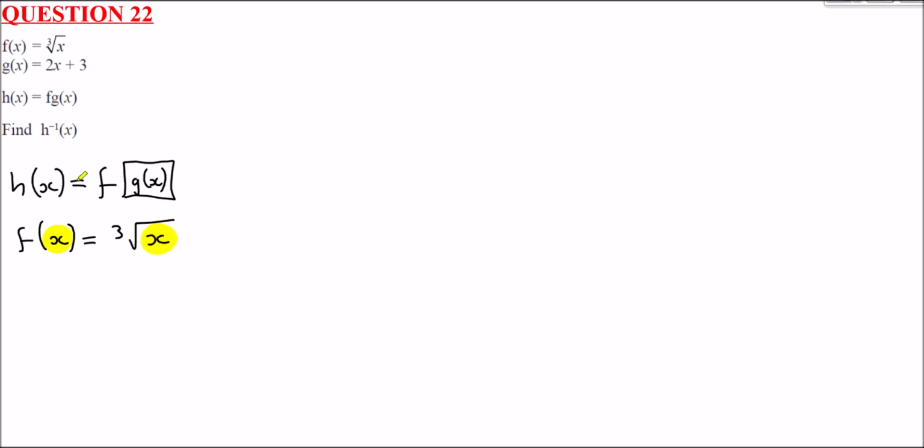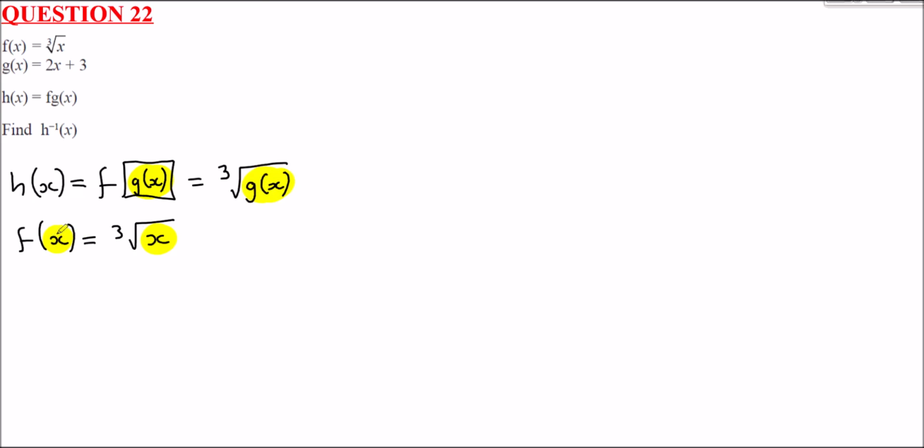So based off that idea, if our input into f is actually g of x, then rather than cube rooting just the x, we'd cube root the new input, which would be g of x. Whatever the input is into f, we cube root it.